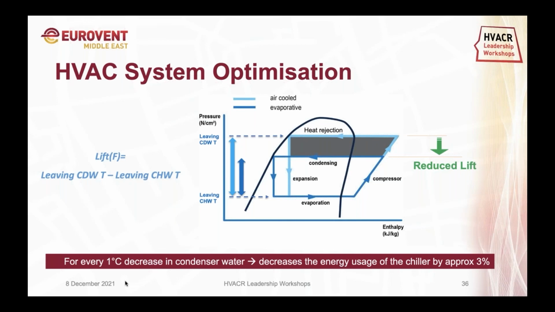So once we move the system from air cooled to water cooled, we reduce the lift. Second, if we further optimize the system and reduce the approach, as I highlighted in the previous slide, approximately 1 degree reduction in condenser water temperature means a 3% reduction in the power of the compressor. So this is how we can optimize the system, reduce the total cost of ownership, and run the most efficient system.